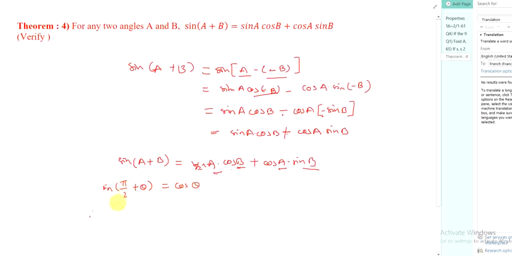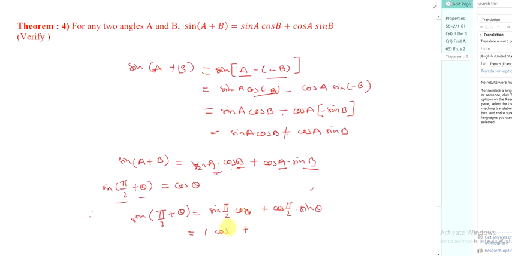Now let us see, A is equal to π/2 and B is equal to θ. Therefore, sin(π/2 + θ) is equal to sin A into cos B plus cos A into sin B. But sin π/2 means sin 90 degrees, that is 1, into cos B plus, B is actually θ.